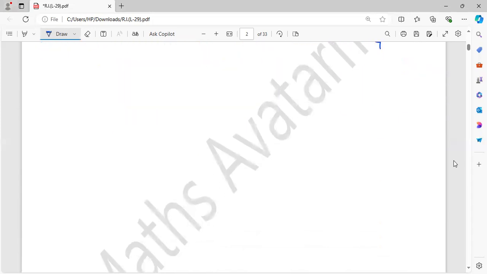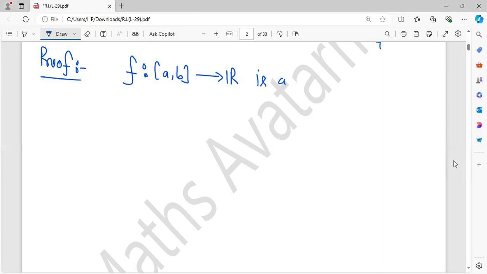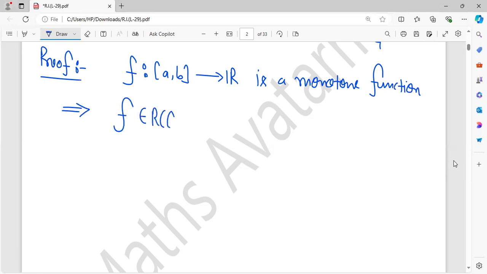Okay. Proof. So f: [a, b] to R is a monotone function. And we know that monotone functions are Riemann integrable. So this implies f belongs to R[a, b].